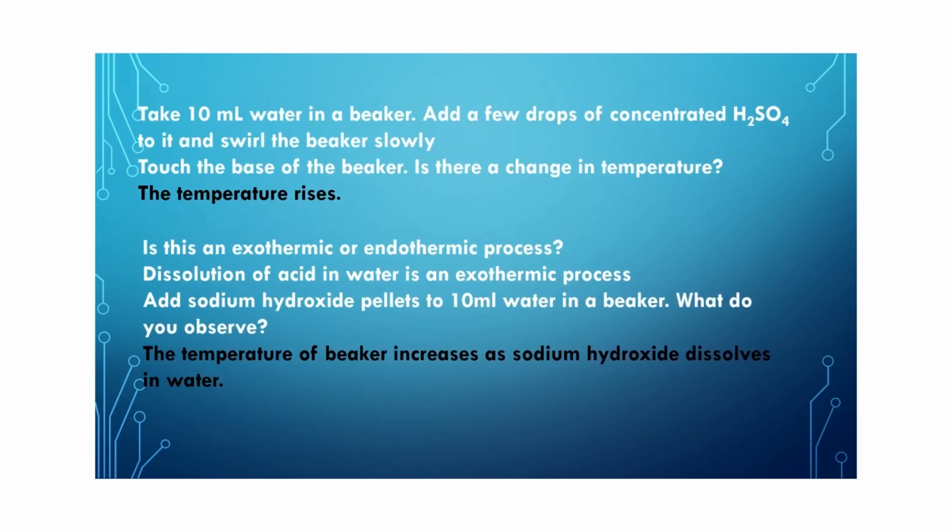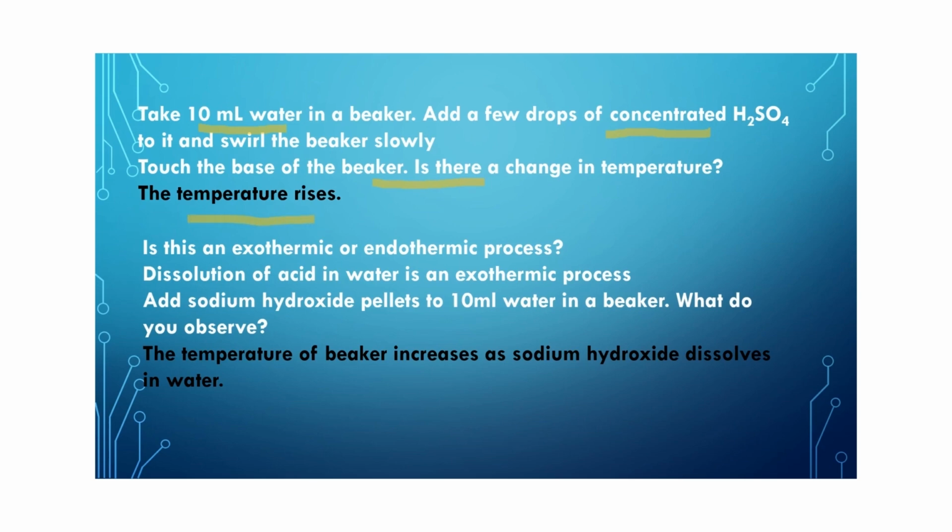Now let's perform a simple activity. Take 10 ml water in a beaker and add a few drops of concentrated H2SO4 to it and swirl the beaker slowly to mix the contents. Now touch the base of the beaker. Is there any change in the temperature? Yes.